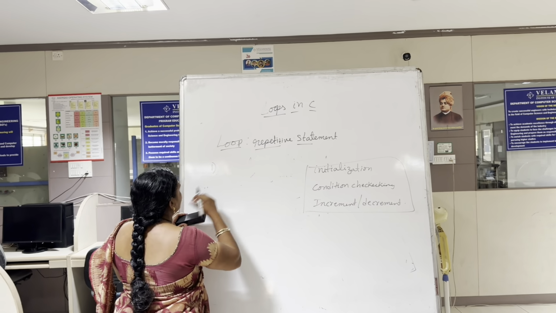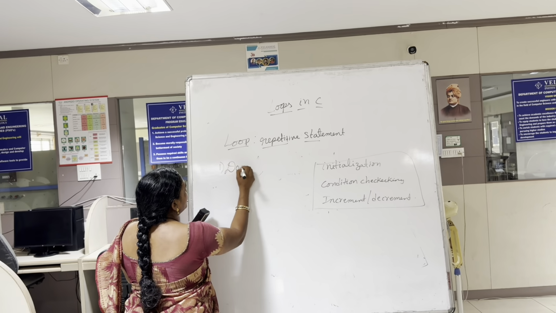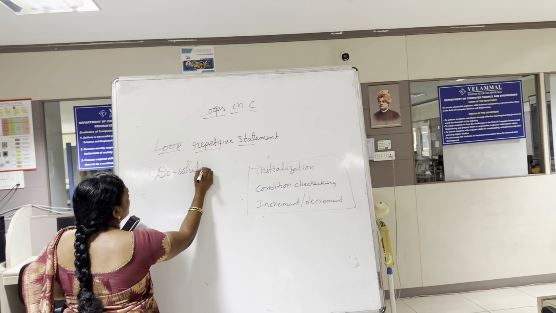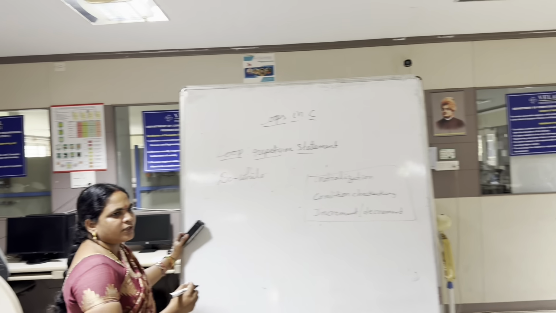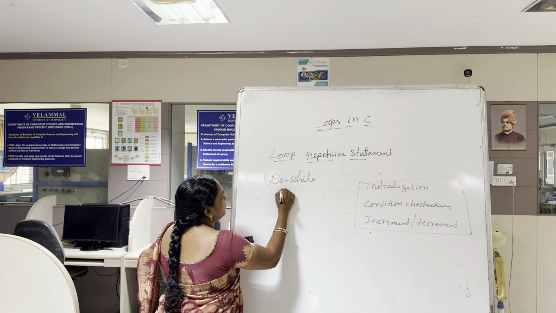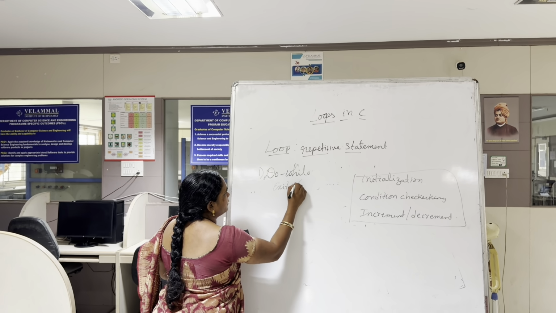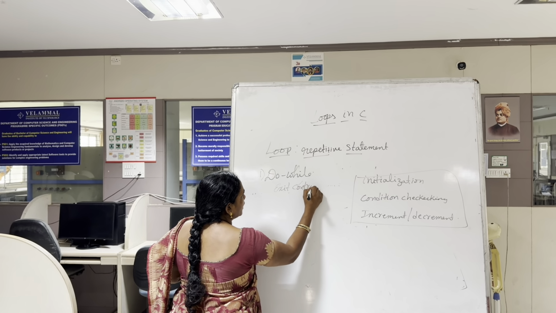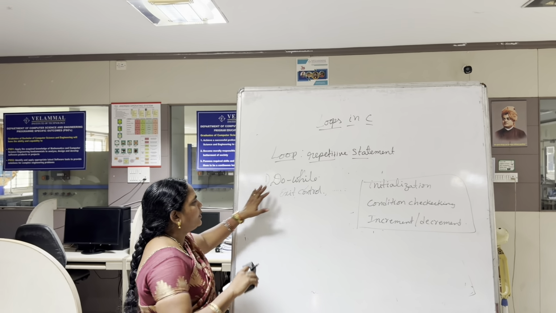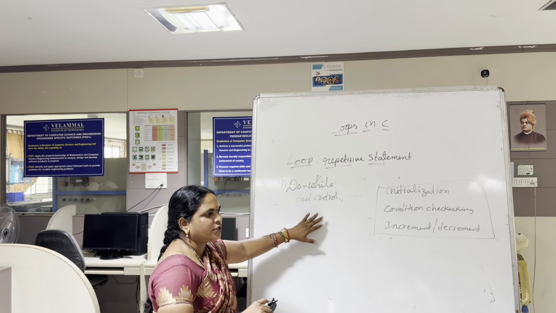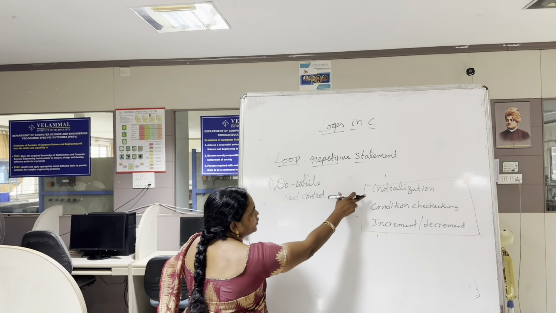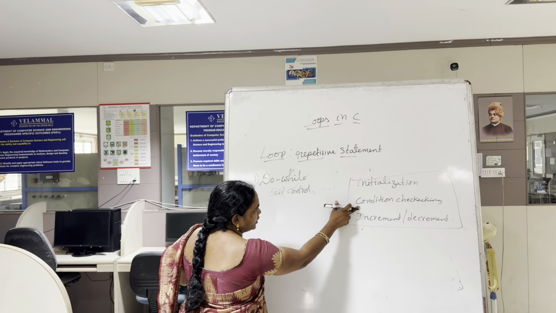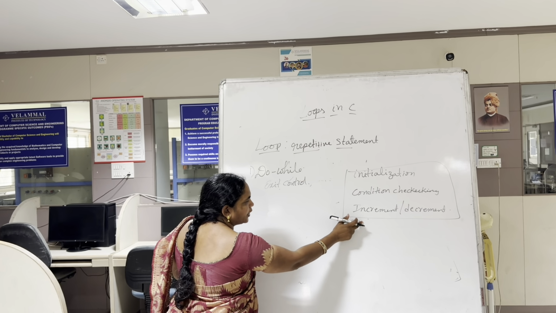The next statement is a do-while statement. So do-while, as we all know, is an exit control statement. Even the do-while will be following the same structure like initialization, condition checking, increment or decrement.